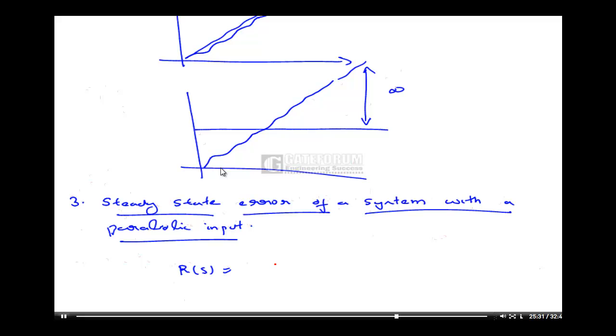R(s) in case of a parabolic input is 2R upon s cube.